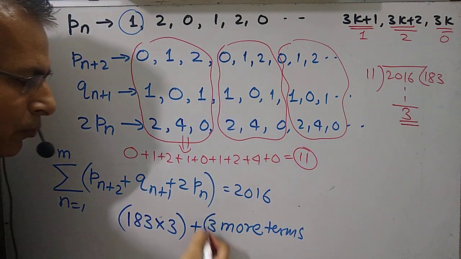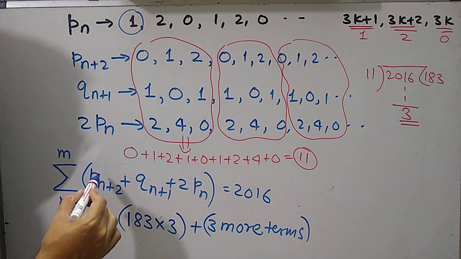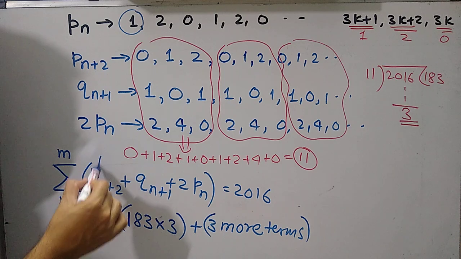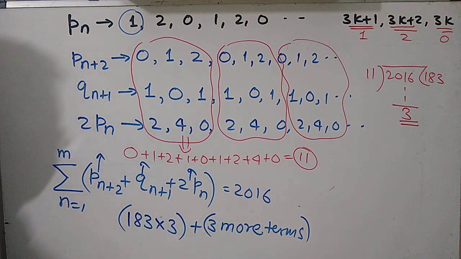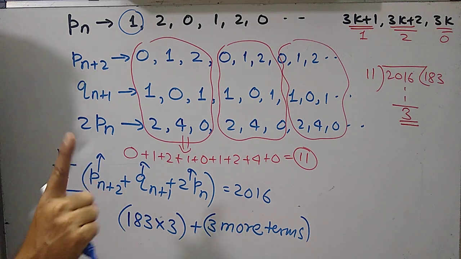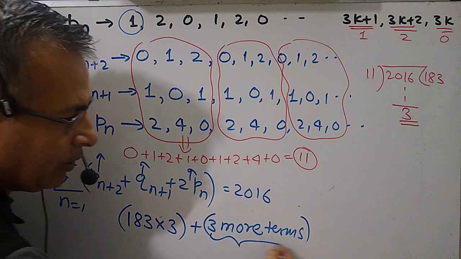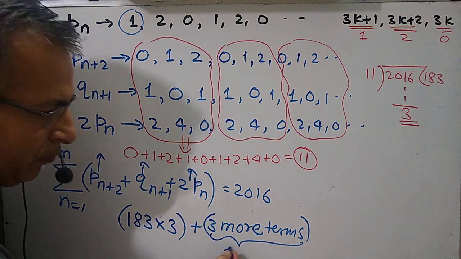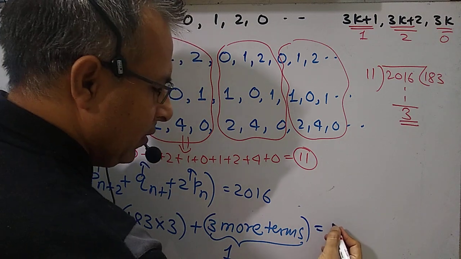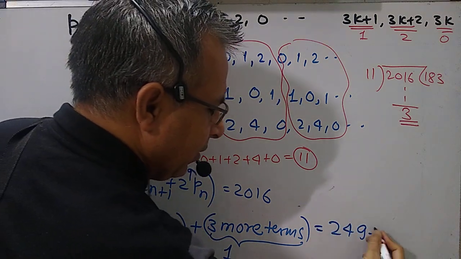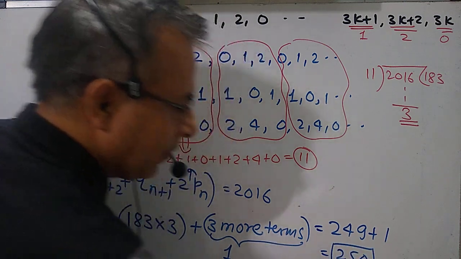So these 3 more terms will give you one value. Why? Because we will get one term from here, one term from here, and one term from here. So with respect to one value of m, we are getting 3 more terms. So what is the net value?